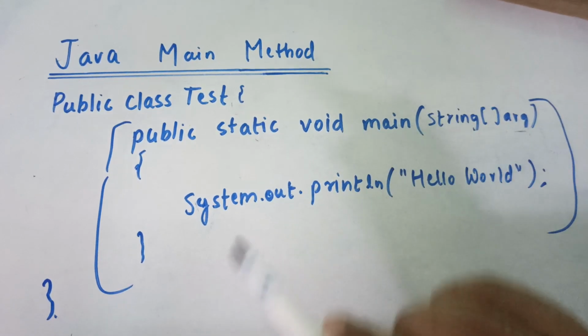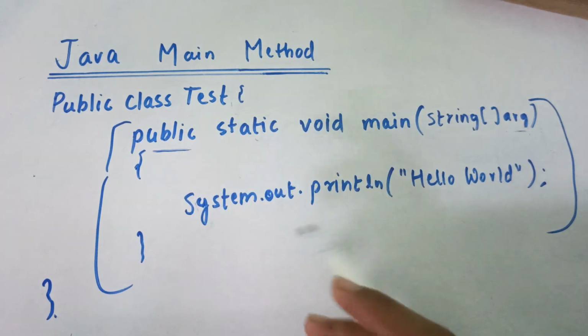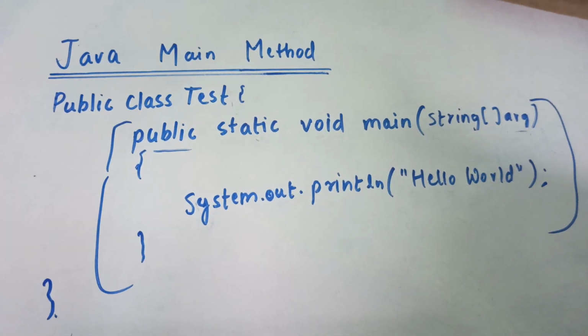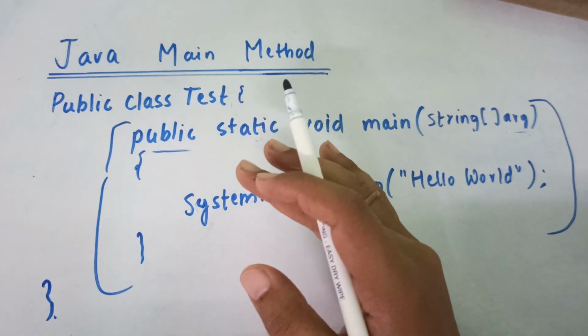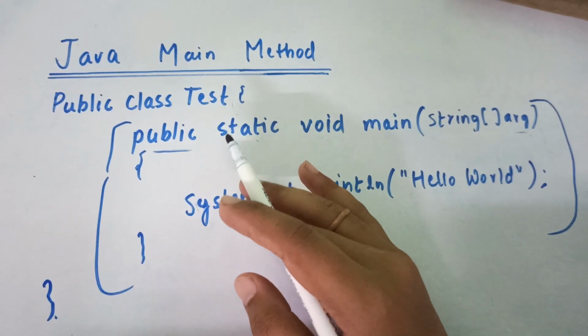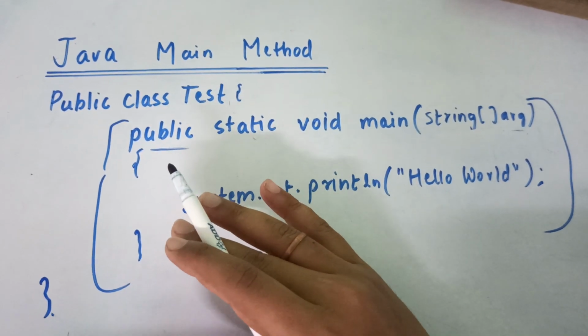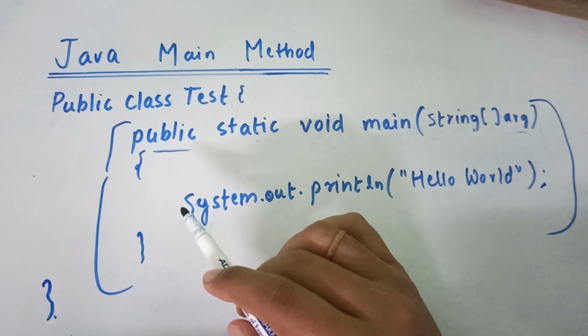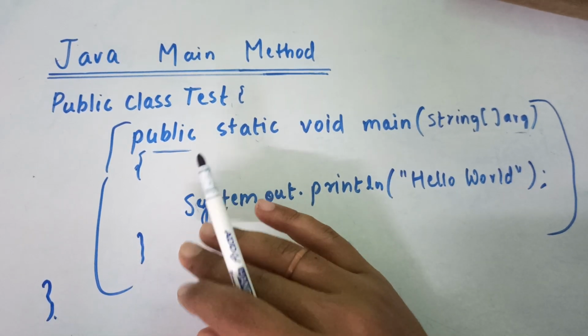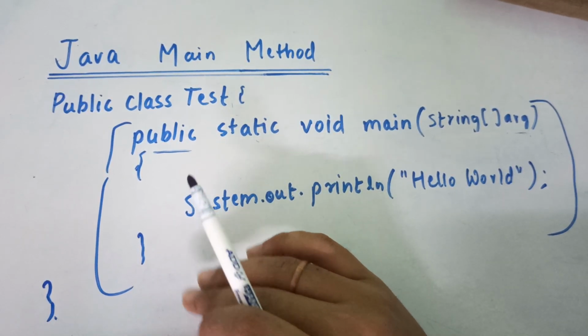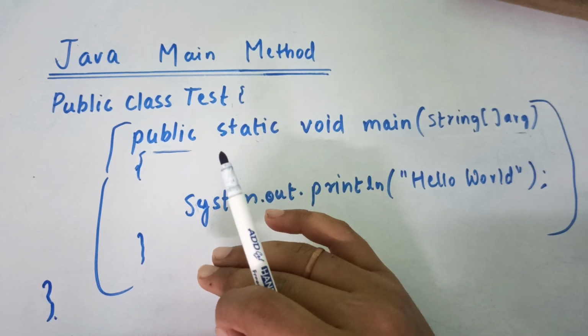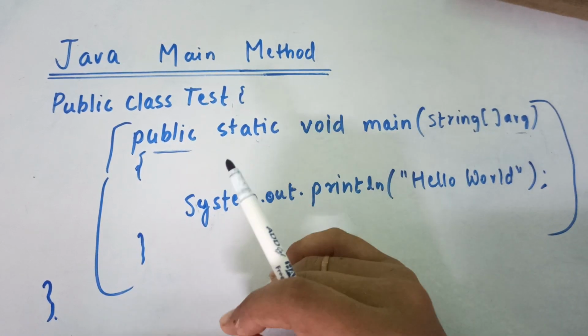Fine. So why is it public? It's a big question. The access modifier of the main method needs to be public so that the JRE can access and execute this method. If a method is not public, then access will be restricted.